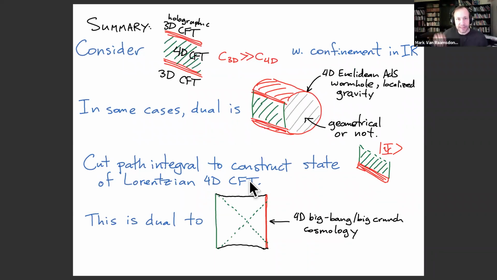I'll just summarize everything. The idea is that we want to start with a picture where you have a pair of 3D CFTs coupled together by a 4D CFT. And we want to take that 4D CFT to have many fewer degrees of freedom than the 3D CFTs.